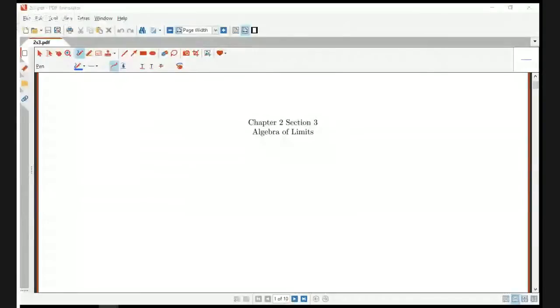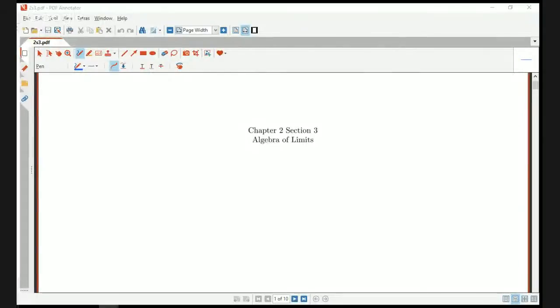Let my computer figure itself out. This will be entertaining. I have a little tiny screen on my computer to look at, my big one up there. Okay, so section 2.3. Nope, that's not going to work. I have to change this.